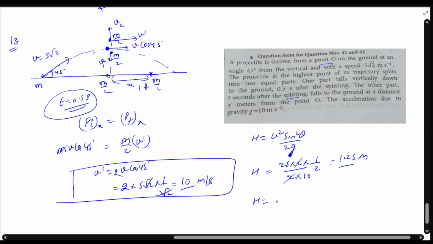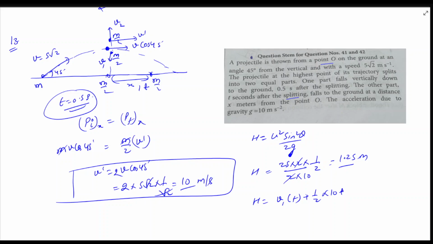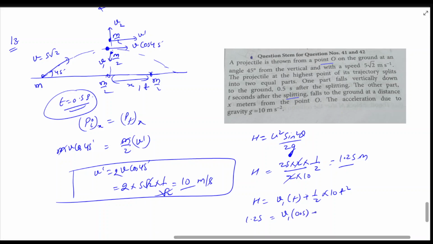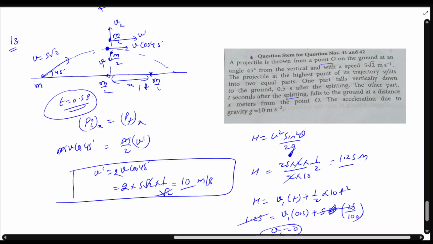So h will be equals to v1 into t plus half into 10 into t square. So h 1.25 is equals to v1 into 0.5 plus half, this is 5t square, right? And the t is 0.5, so this will be 25 by 100. And look, this will get cancelled. So we have v1 is 0.